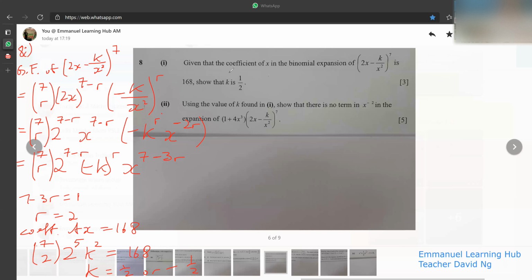Then use the value of k in part 1. The value of k in part 1 is half.